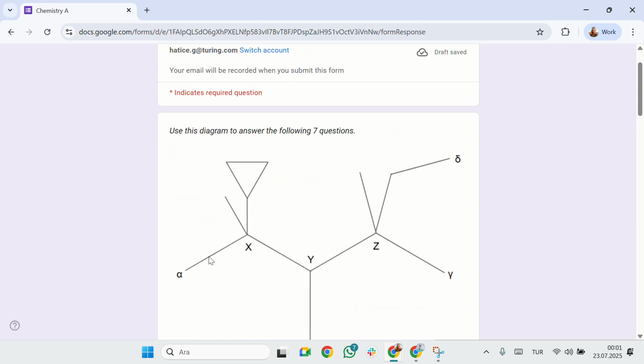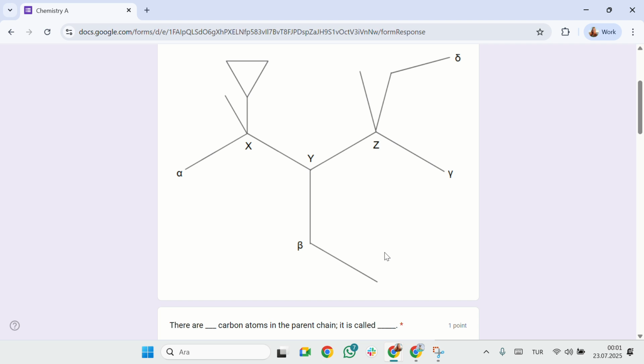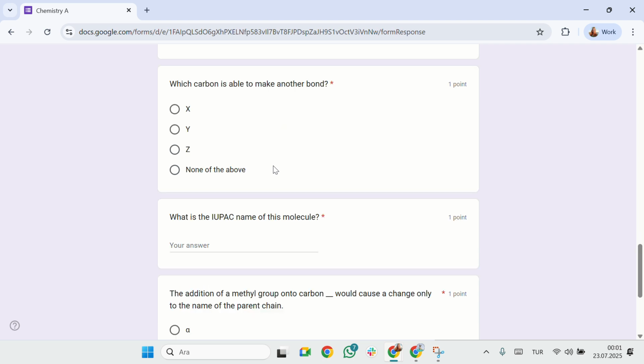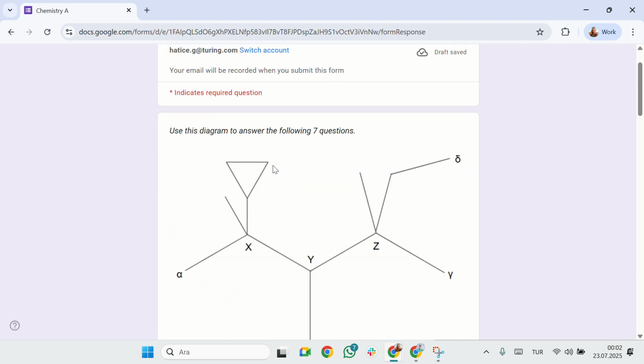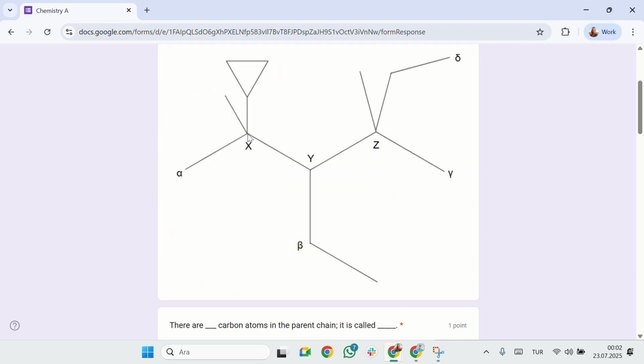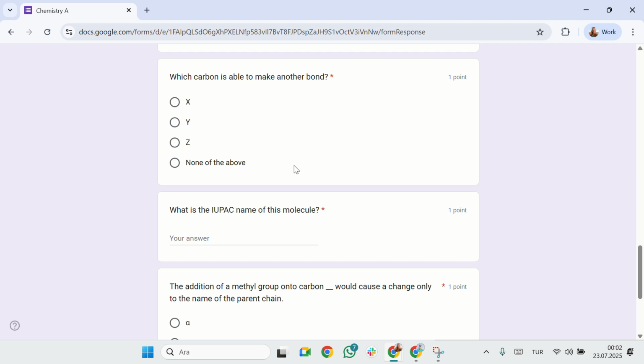I think carbon can make 4 bonds or something. So 1, 2, 3, 4. I think this is set. 1, 2, 3, and the other. Okay, yeah, 2, 3, 4. So I think it should be Y.